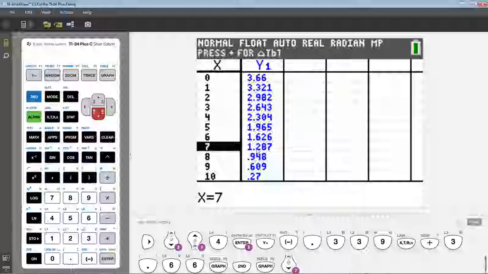Let me go back to the work surface here. And before I go, I just want to mention, the information we were given said that 1 pound of beef costs $3.75 per pound. And looking up here at this value, this is $3.321. It's different. And the reason it's different is because we rounded to just 3 significant digits.